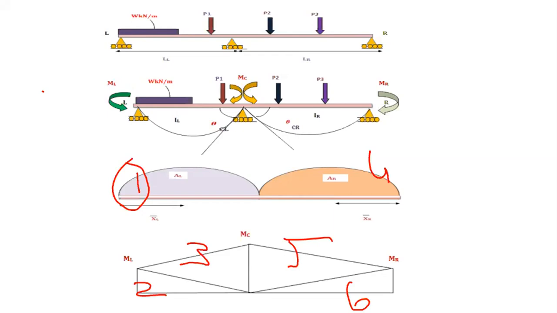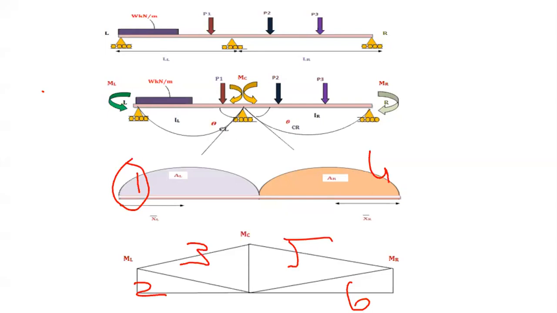Now for the right portion, theta CR: AR into XR. The sixth one is half into MR into LR, into 1/3 of LR from the base. The fifth area is half into MC into LR, into 2/3 of LR as its centroid location.